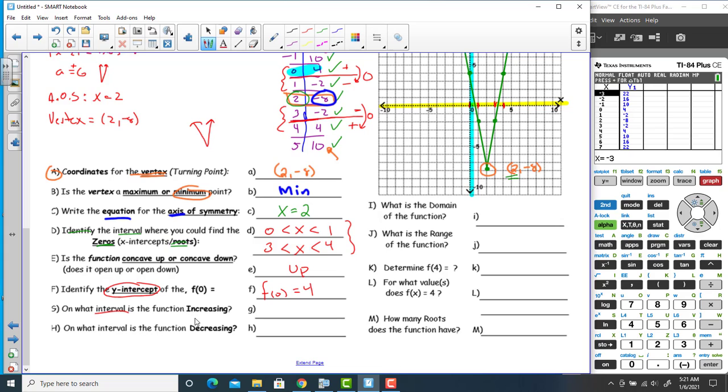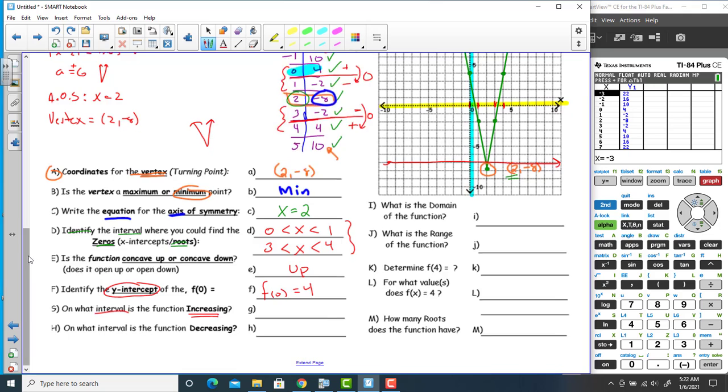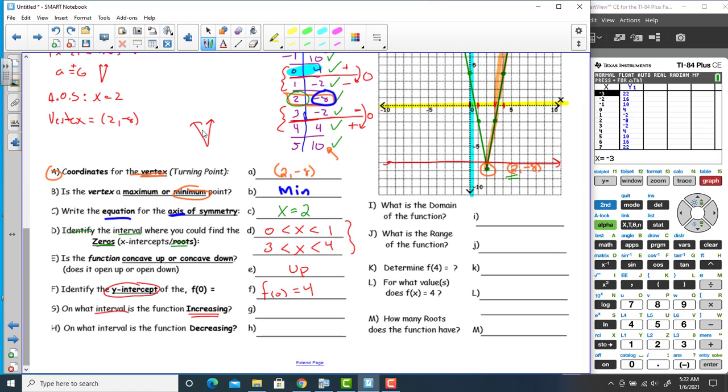When you're asked what interval the function is increasing, we want to know, as your eye reads the graph from left to right, when is it going up? My hope is that you notice that the graph is increasing from the vertex on into the future. So from the vertex on into the future, this graph is going up. Because we're able to make that observation, we should say that it's increasing from time 2 forward.